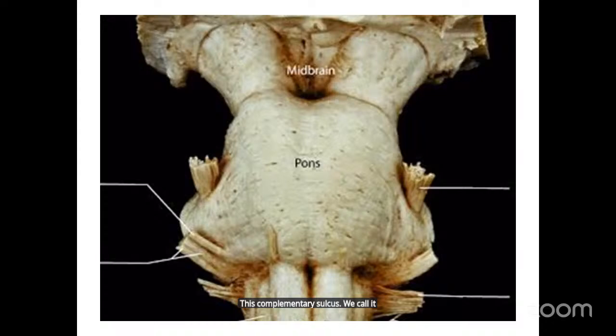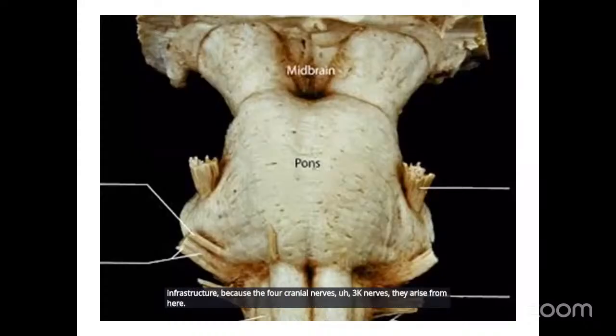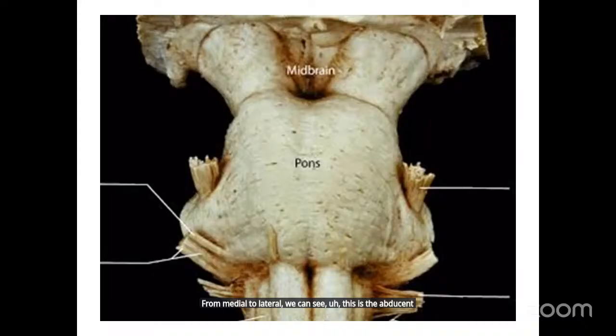It is again an important structure because three cranial nerves arise from here. From medial to lateral, we can see the abducent nerve, and then laterally the 7th-8th complex.